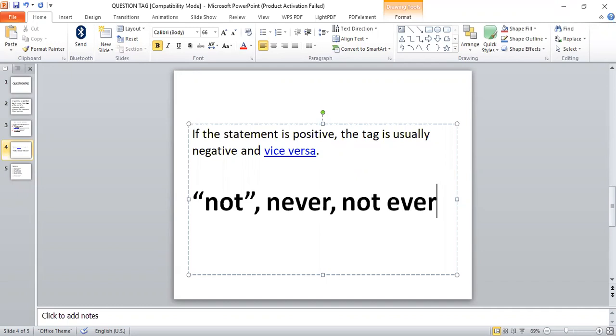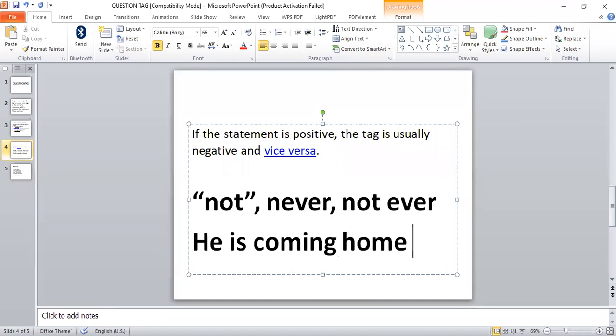But if you have a statement that has any of these in it, we will say the statement is negative. So if I have a statement as he is coming home, this is a positive statement.